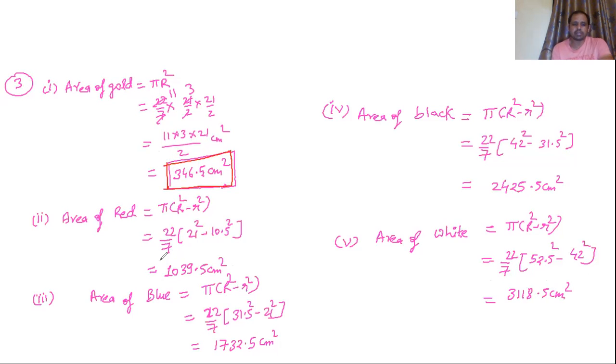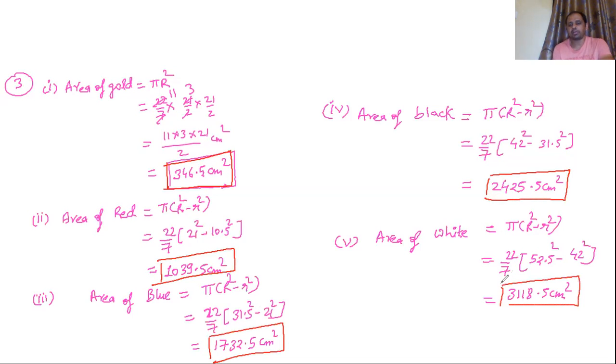Area of red is 1039.5. Area of blue is 1732.5 whole square. Area of black is 2425.5 whole square. And area of white is 3118.5 square. Hope it is clear to everyone.